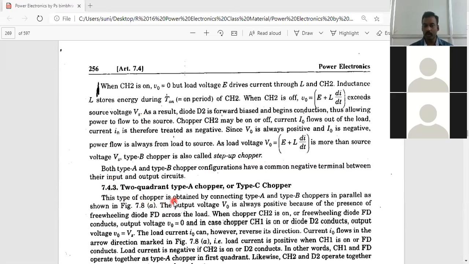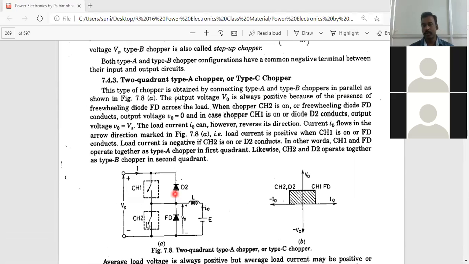In the case of this two quadrant chopper, it provides the operation in two quadrants. For that, two chopper switches are going to be considered in the circuit: supply, chopper 1, chopper 2, and the load, and each is provided with a freewheeling diode in order to turn the chopper off.